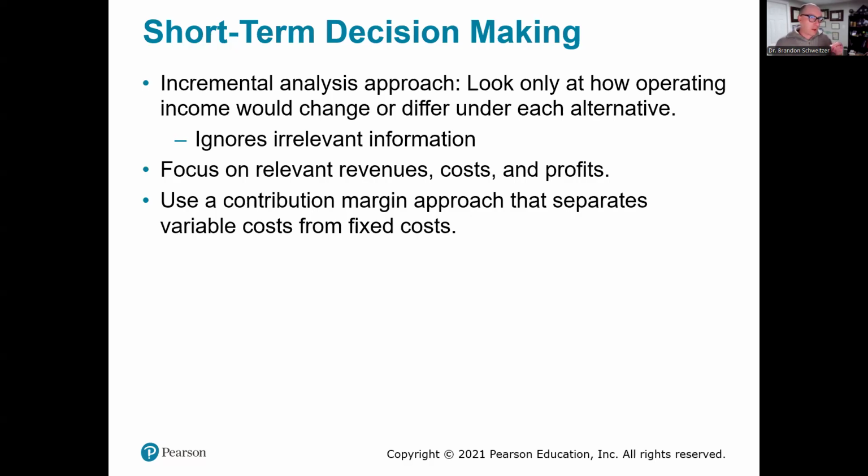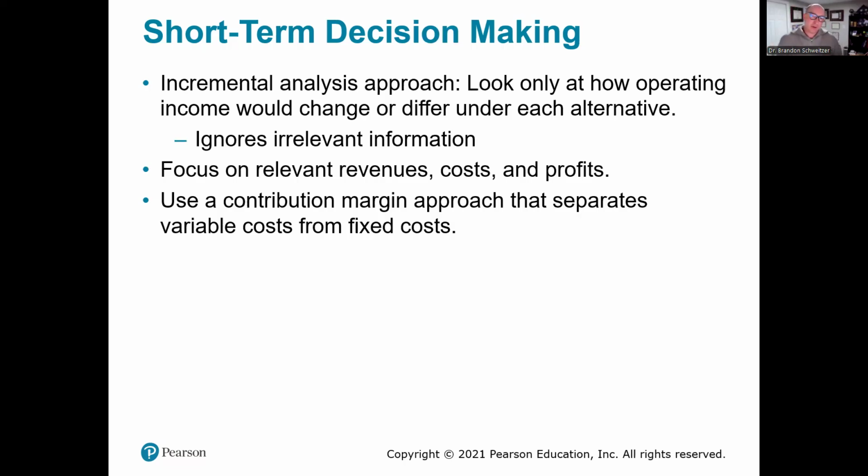I had earlier mentioned a sunk cost. A sunk cost is a cost that has already occurred and has no impact on the future of the decision. It is a sunk cost. A sunk cost is irrelevant. So we do not consider sunk cost information. We only focus on relevant costs and relevant revenue and relevant profits, which is generated from that future decision.